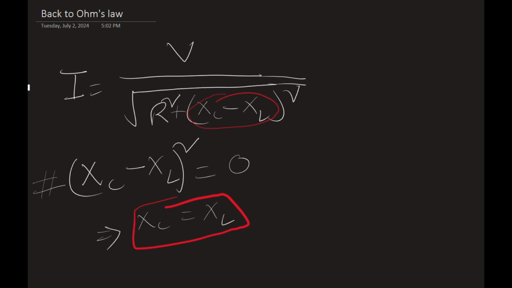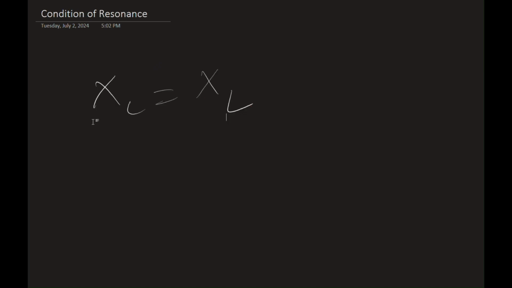Okay. Now that means if we can make the capacitive reactance XC and inductive reactance XL equal, this is our condition for resonance. At this condition where XC and XL are equal, we can get the maximum output, and that is the maximum current. The frequency at which we get XC and XL to be equal is what we call the resonant frequency.